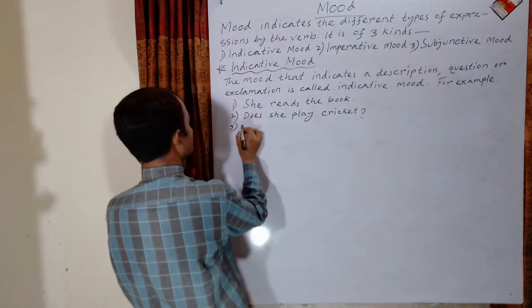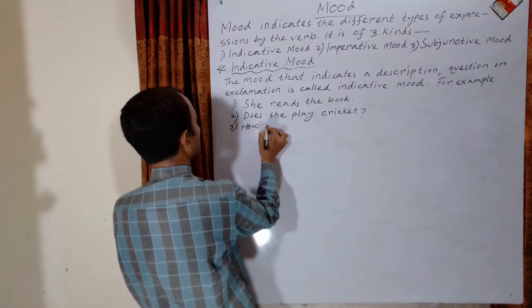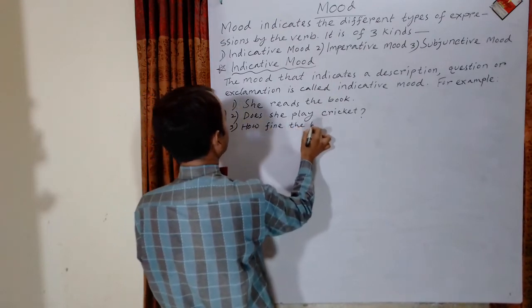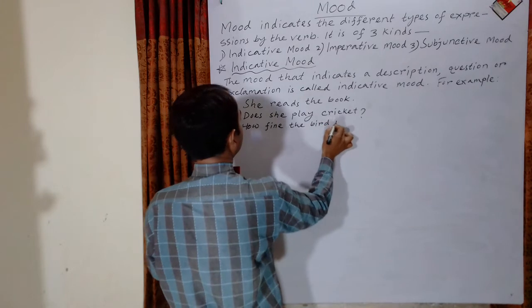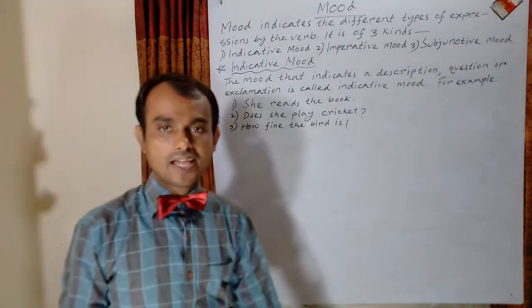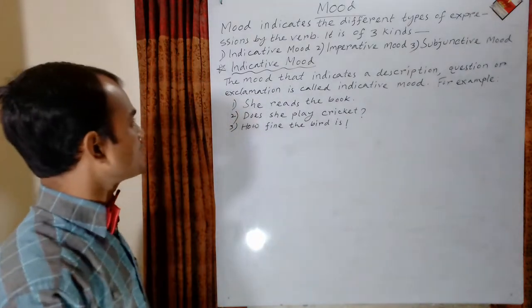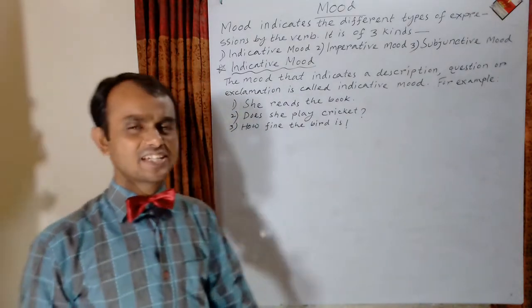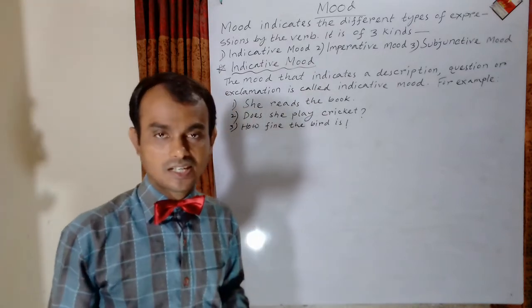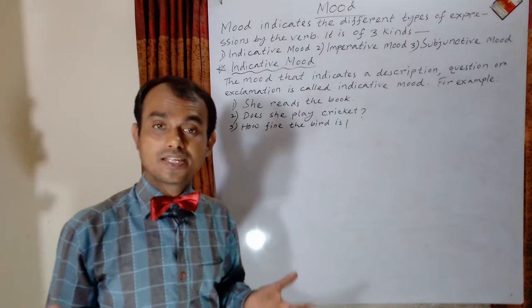Number 3, how fine the bird is. Dear students, I have already written the definition of indicative mood: the mood that indicates a description, a question, or an exclamation is called an indicative mood.